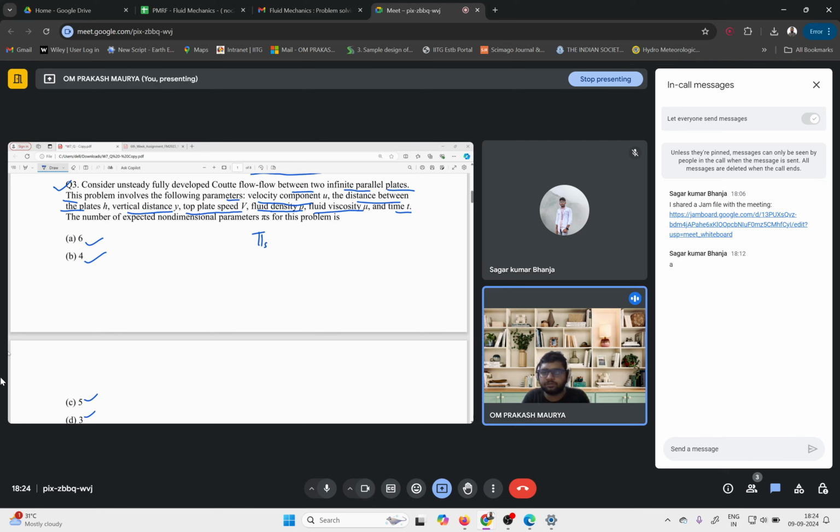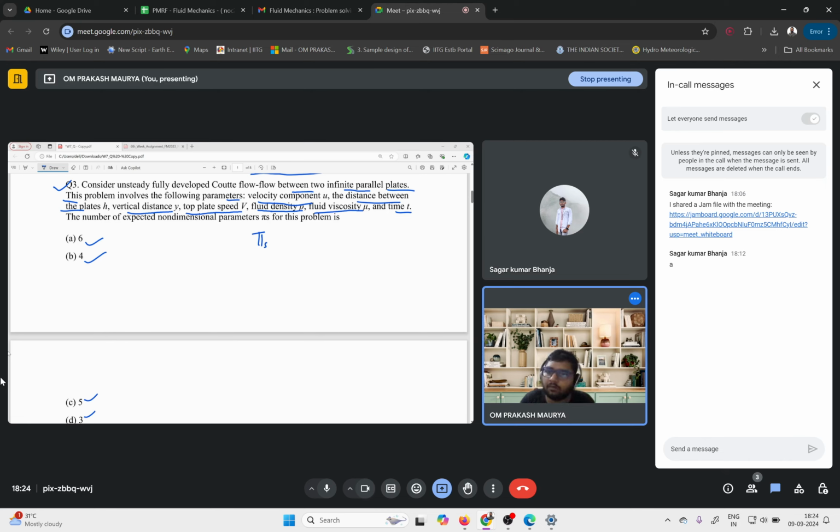Here in this question we are talking about the number of pi's, or basically identifying the relation between these variables.